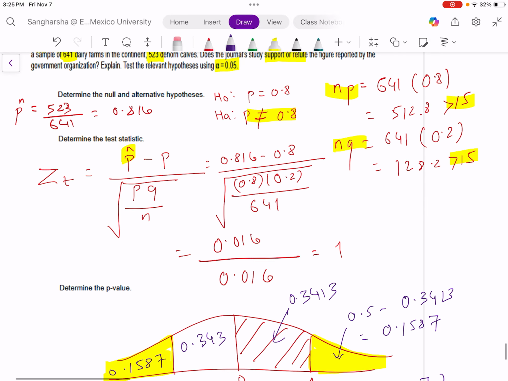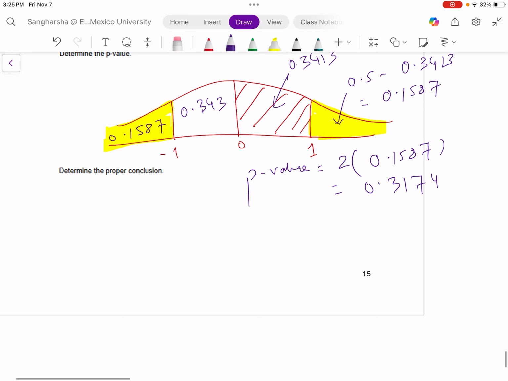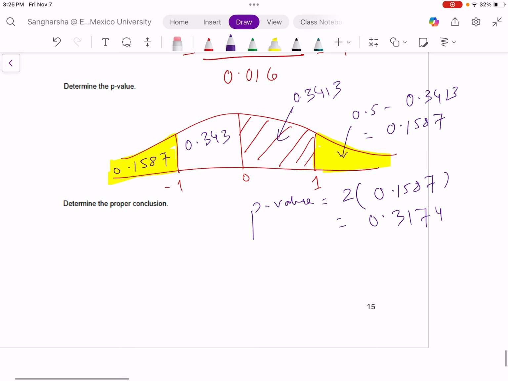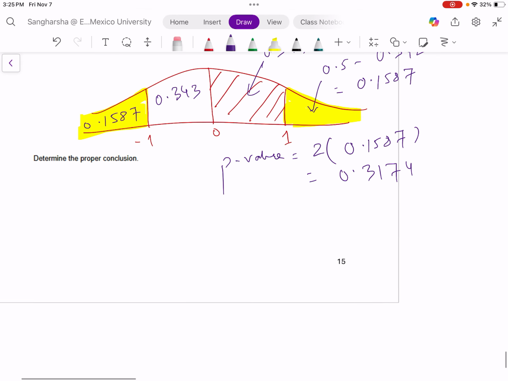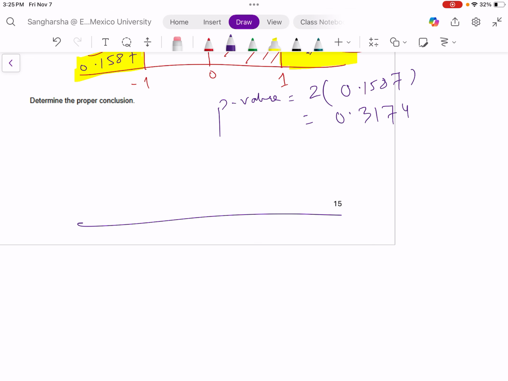Now determine the proper conclusion. Our alpha is 0.05. Let's draw the rejection region for the two-tailed test. This is the rejection region, and this is the rejection region.